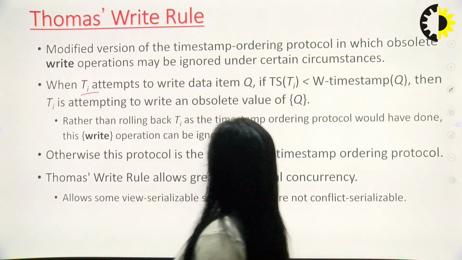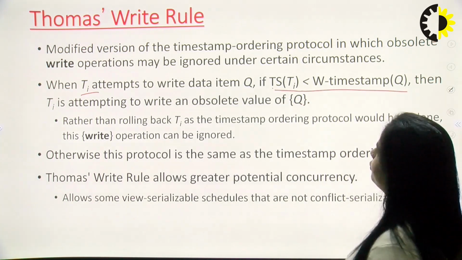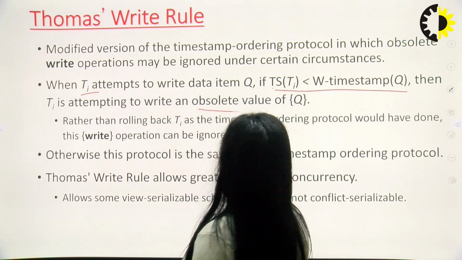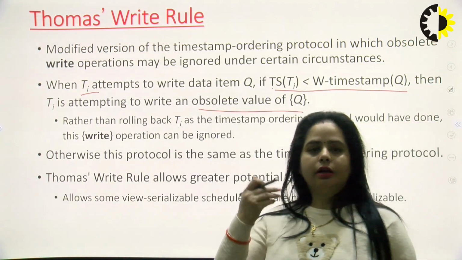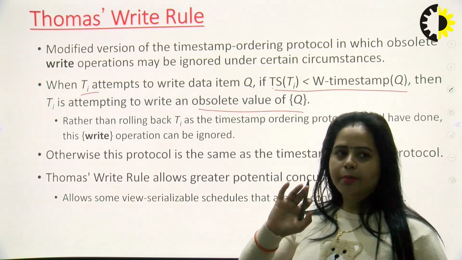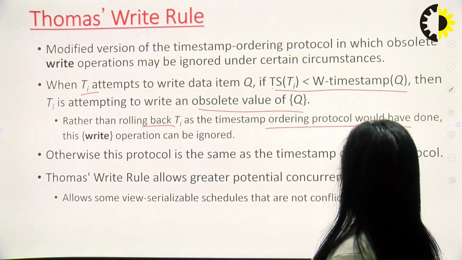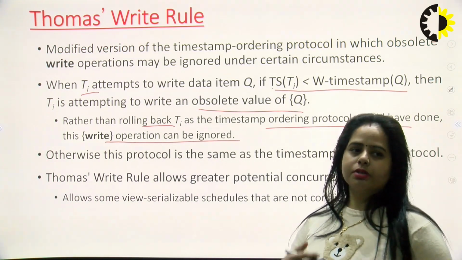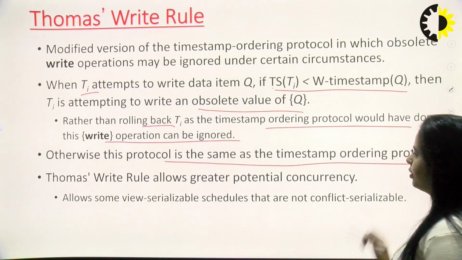When Ti attempts to write data item Q, if the timestamp of Ti is less than the write timestamp of Q, then Ti is attempting to write an obsolete value of Q. In this case, the timestamp ordering protocol would reject the transaction and roll it back. But rather than rolling back, the write operation can be ignored and we can proceed further. Otherwise, this protocol is the same as the timestamp ordering protocol.